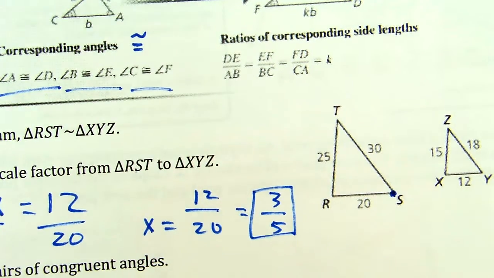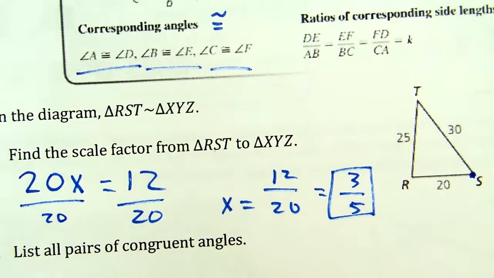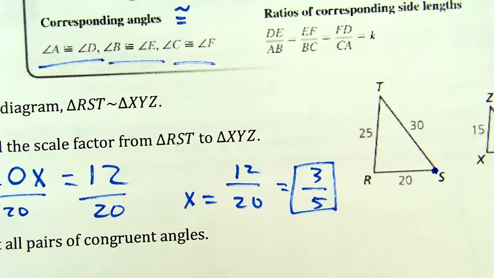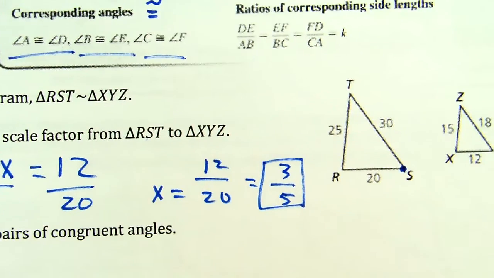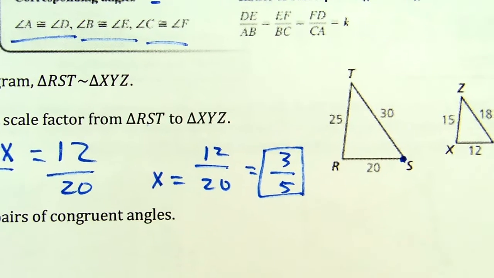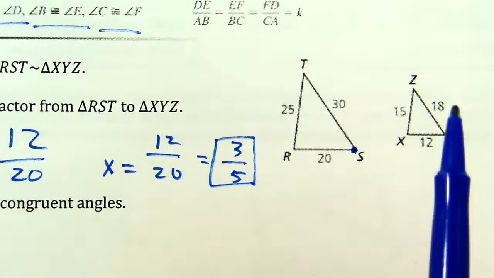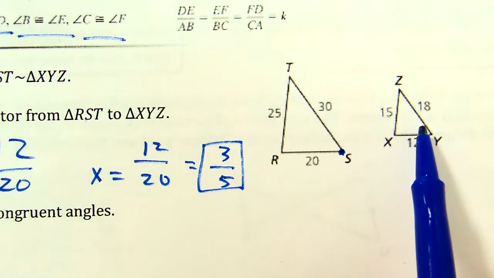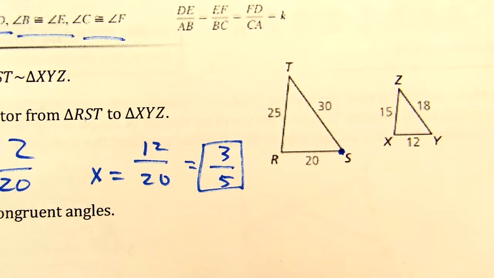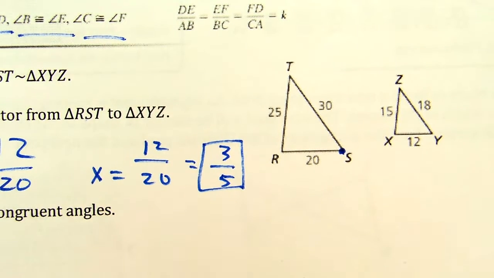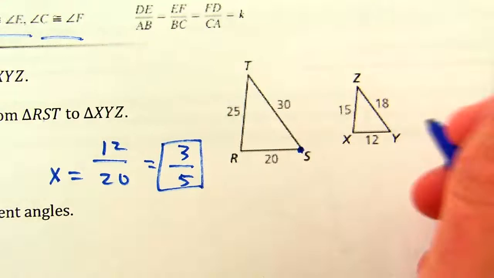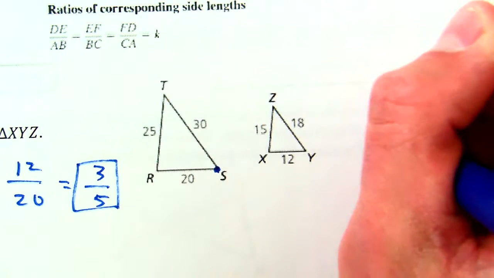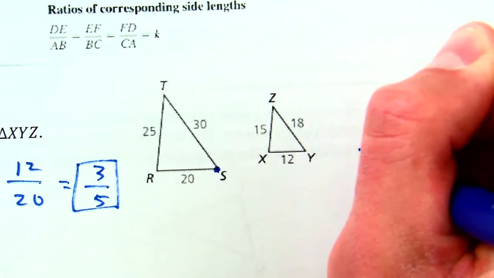Okay? So maybe that makes sense to you. Maybe you're like, okay, yep, I'm with you, got it. There's technically another way that you can do it as well, and you can look at ratios because the ratios of these sides will simplify into the scale factor. So since I am going from the bigger to the smaller, I know that my scale factor will be a smaller number, so I'll start with the smaller number, which in this case was 12 over 20.